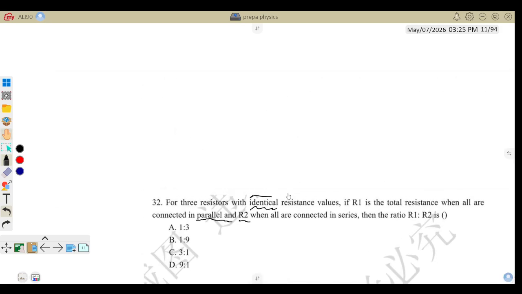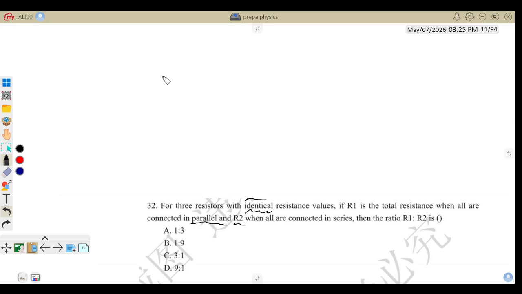Let's analyze this question here. We see that R1 is the total resistance for parallel. R2 is the equivalent resistance for the series. What do we know?